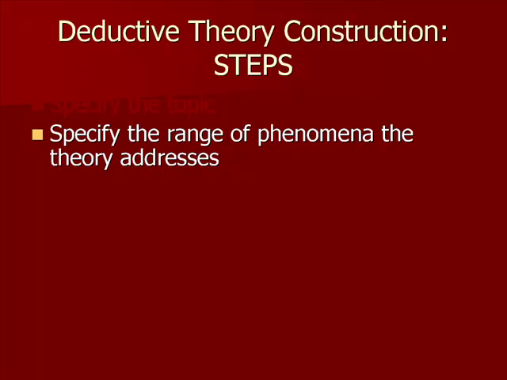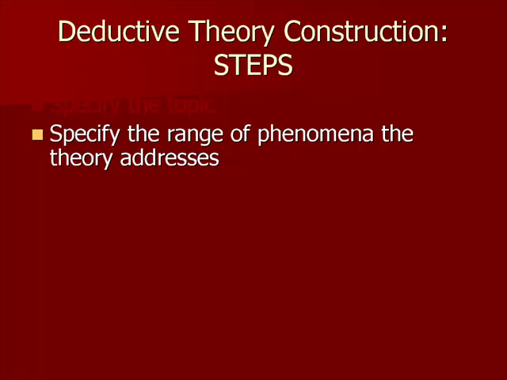You want to specify the range of phenomena the theory addresses. It may be just a local theory about the way things are in your hometown, or a theory about a particular subset of population like young people, old people, rich people, poor people.